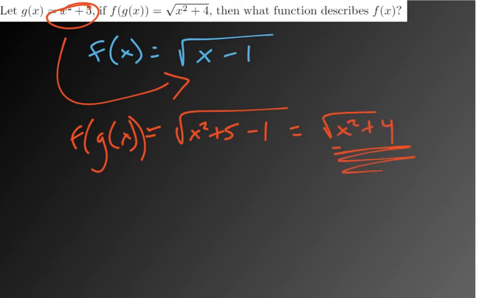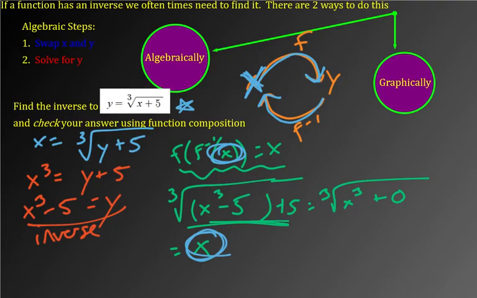So a lot of times composition is actually what is trickiest with inverse functions, and they are so closely related. Finding an inverse is really not that bad. You literally just go and you swap x and y, and then you solve for y.